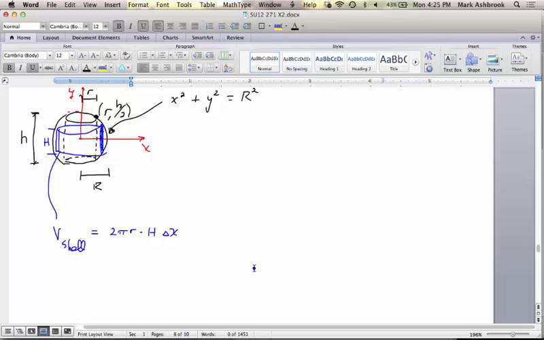Okay, so we need to find the radius. If we can get the radius of our shell and the height of our shell in terms of little r and little h, then we'll have it. So what's the radius of our shell?